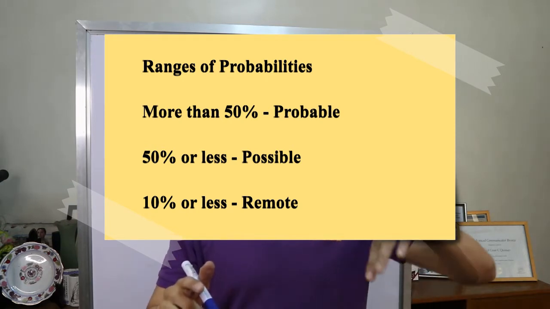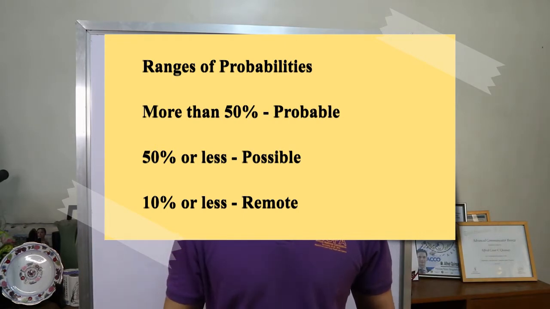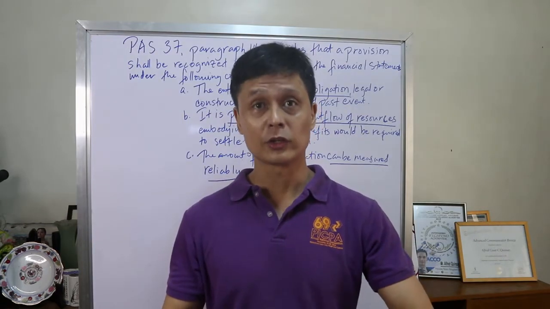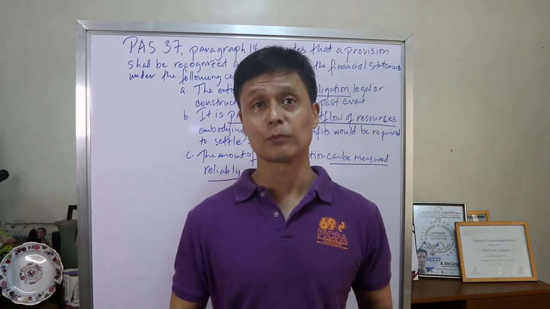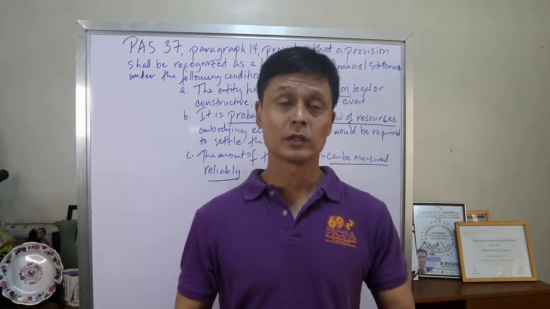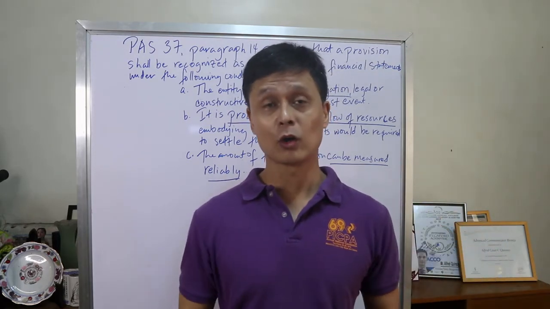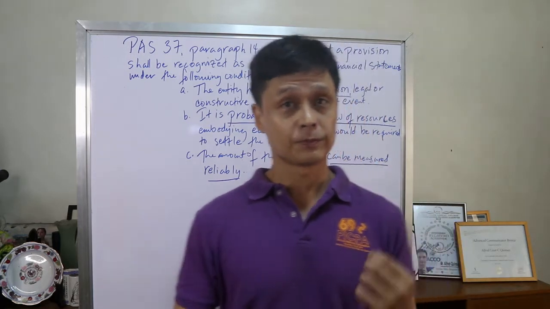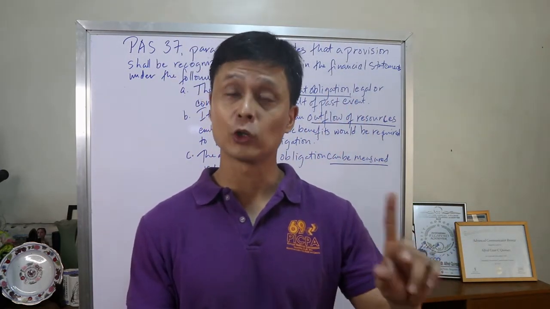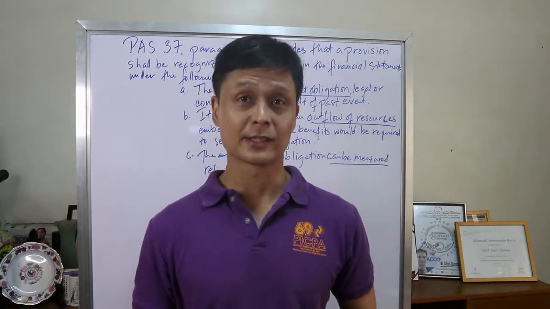If it's less than 50% or 50% or less, then it's possible. And if it's 10% or less, then it's only remote. So dun sa dalawang, sa possible saka sa remote, walang accrual yon. So the best lang nun is yung disclosure lang yon sa financial statement.